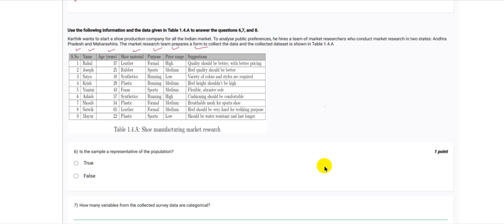So our population is the Indian shoe market, and the sample is the shoe markets of only 2 states, Andhra Pradesh and Maharashtra. The sample should be from different parts of the country, from any random states, not only 2 states. So therefore here the sample is not correct for the population, so our answer is false here.